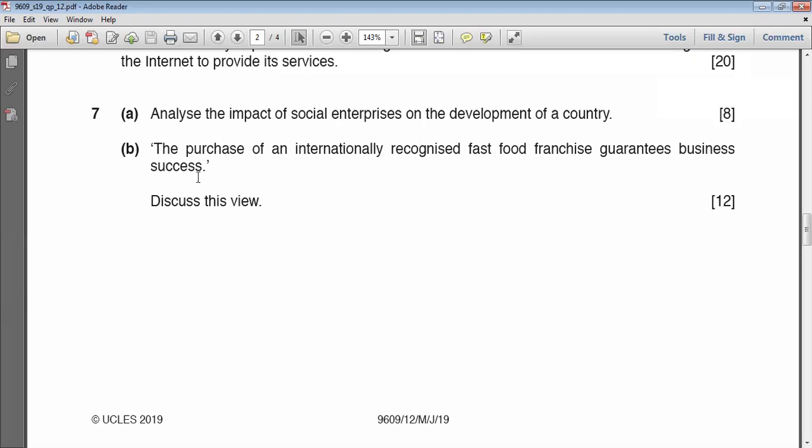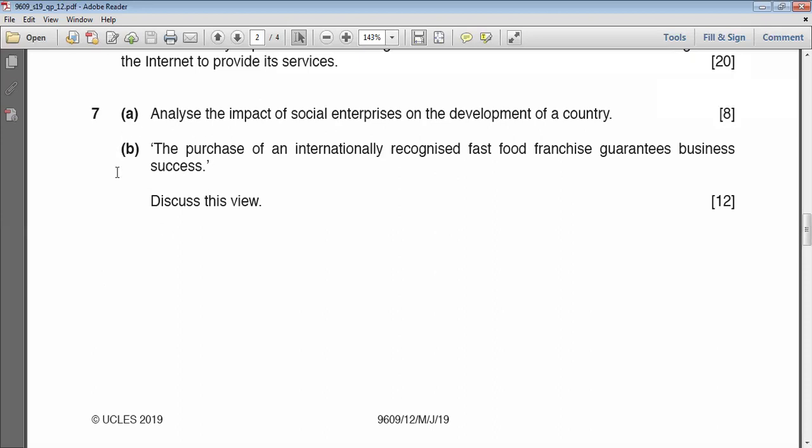That is what we mean by discuss: you're discussing two sides of a certain question or concept. In the conclusion or evaluation, you would make the judgment whether purchasing an internationally recognized fast food franchise guarantees business success, with reasoned argumentations.